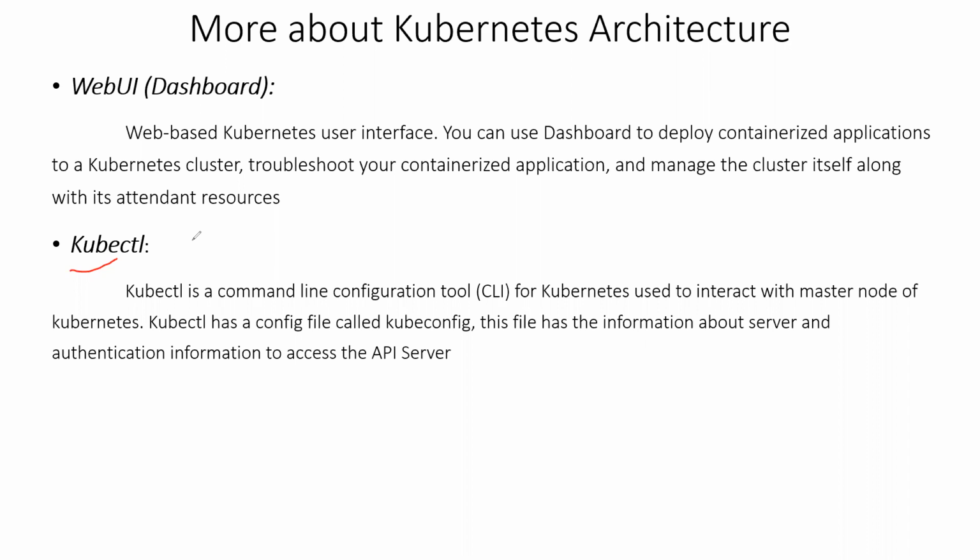Now the question should be asked by you: how does kubectl know to which Kubernetes cluster it should connect? Once you create a Kubernetes cluster in your system, there will be a folder called .kube. Basically, it's a hidden folder. Inside that, there will be a file called config. The system will create it.